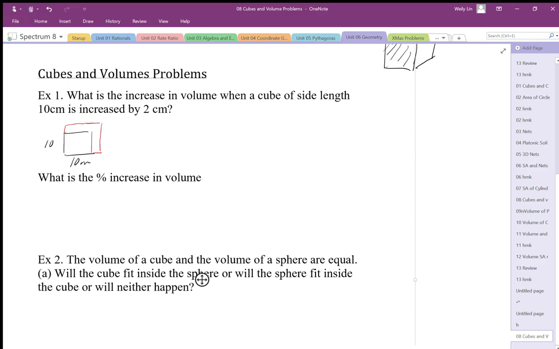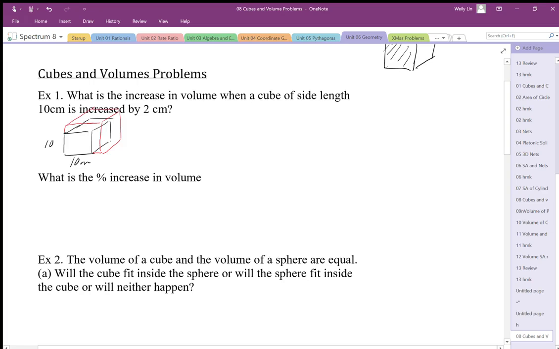So what happens if we do the same with the volume? Imagine a cube to start with. There's our cube, and we're going to increase the sides of that cube by 20% in every direction.